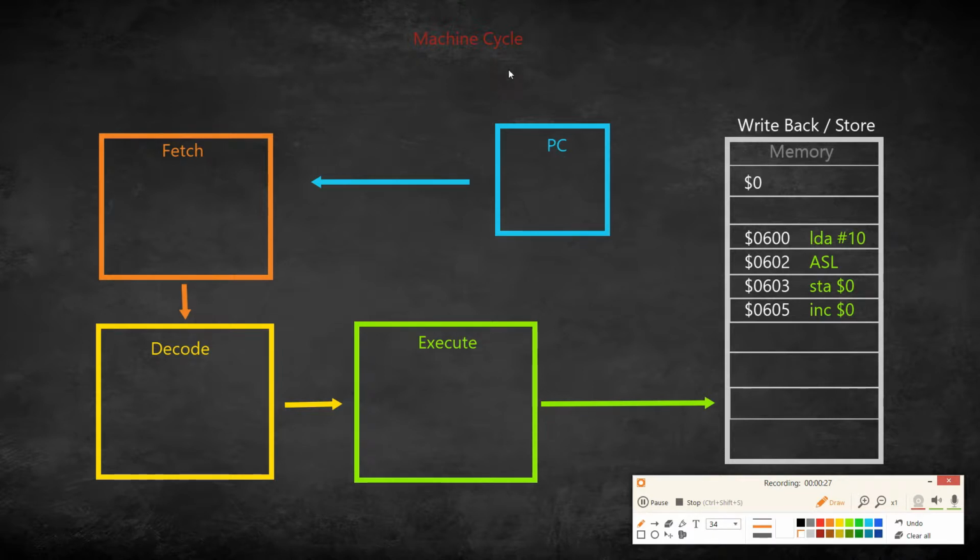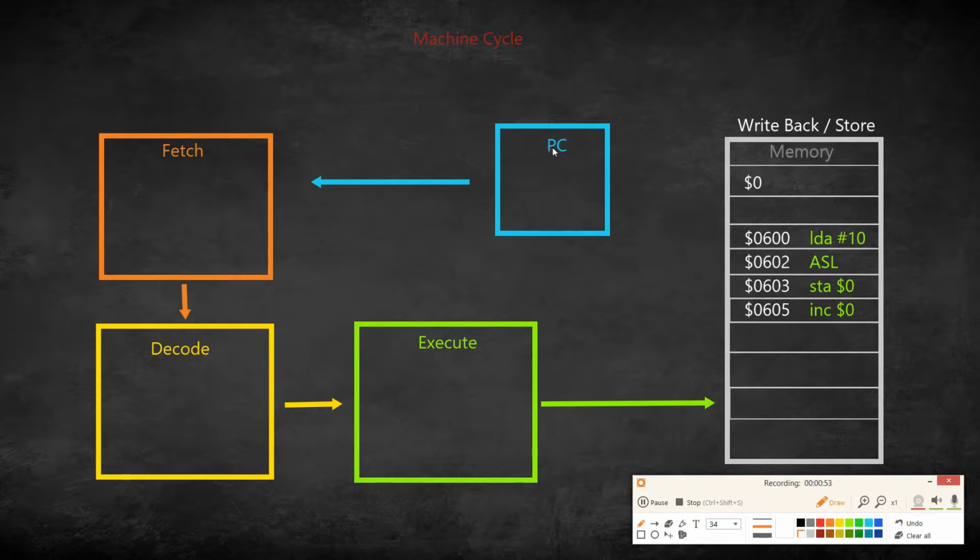The machine cycle is this entire cycle that happens every time we use an instruction. It consists of the fetch, decode, and execute. A lot of people also add the store or the write back to the cycle.